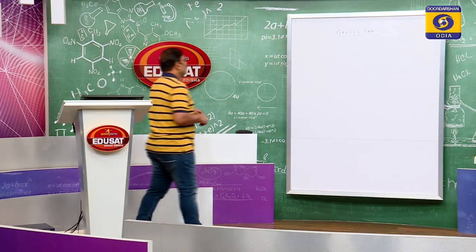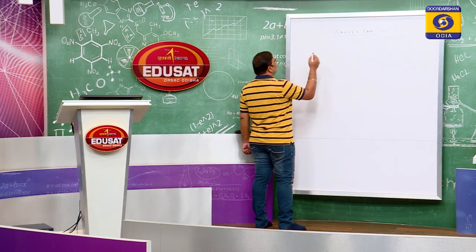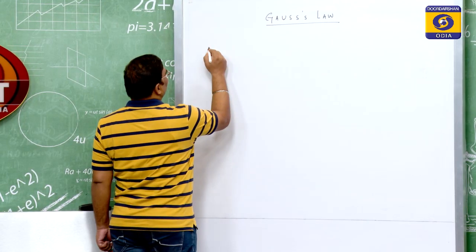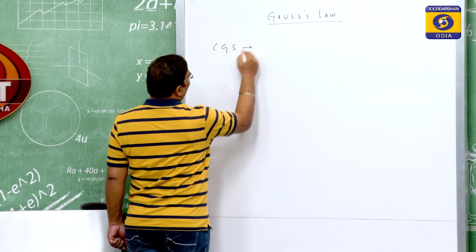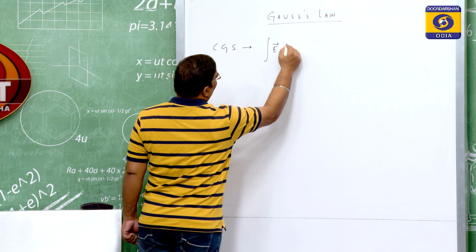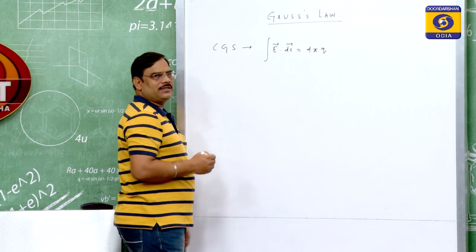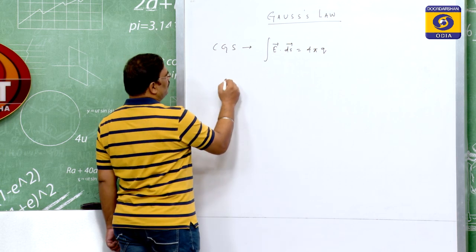In the previous class, we discussed Gauss law for free charges. In the CGS system, Gauss law has the form integration E dot ds equal to 4 pi q, where q is the free charge enclosed within the surface.